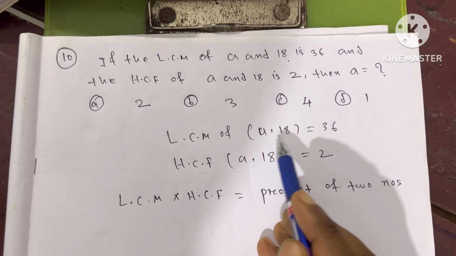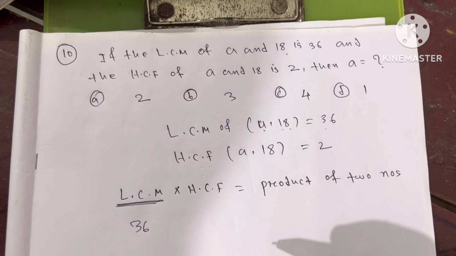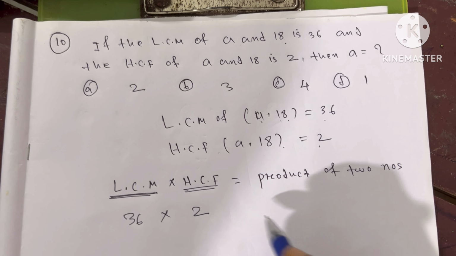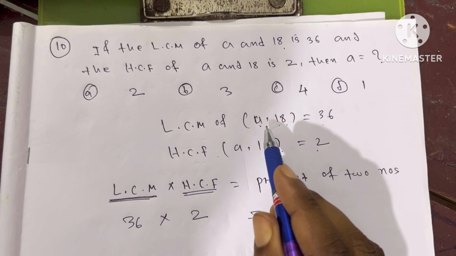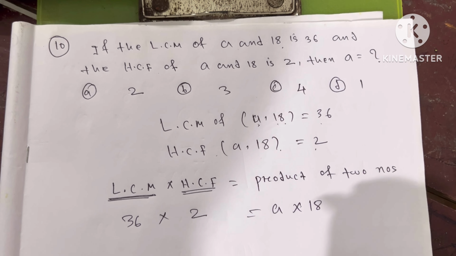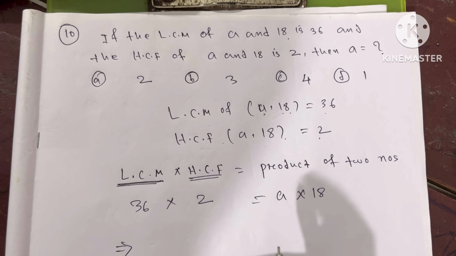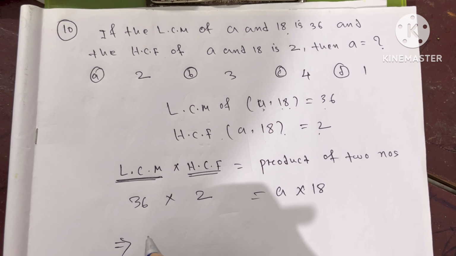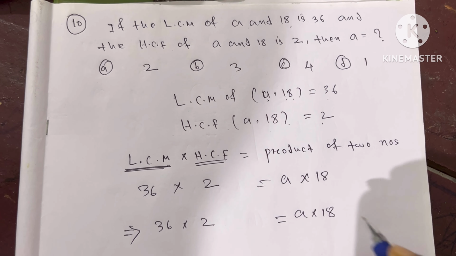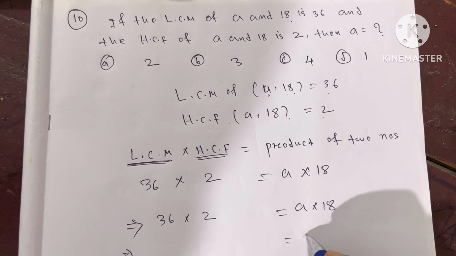According to the question, the LCM of a and 18 is 36, so in place of LCM we write 36. The HCF is given as 2. The product of two numbers means here our numbers are a and 18, so you write a into 18. No need to multiply, because that would take more time, so I will simplify directly. So 36 into 2 is equal to a into 18. For finding the value of a, you write a in the same place.